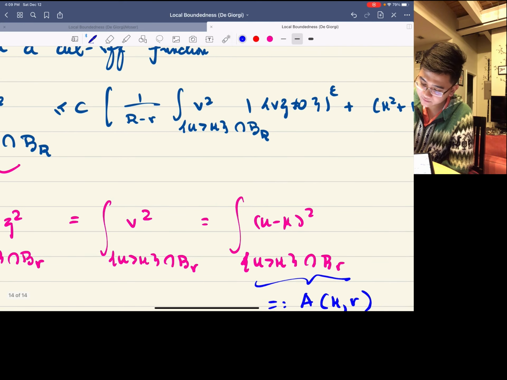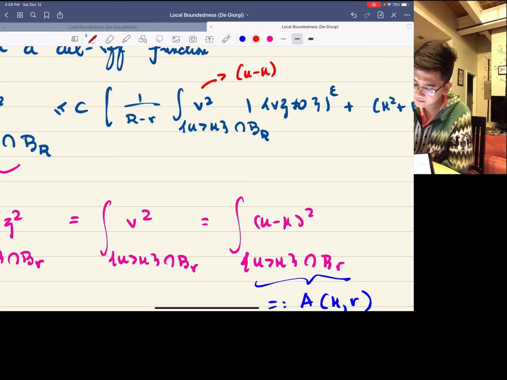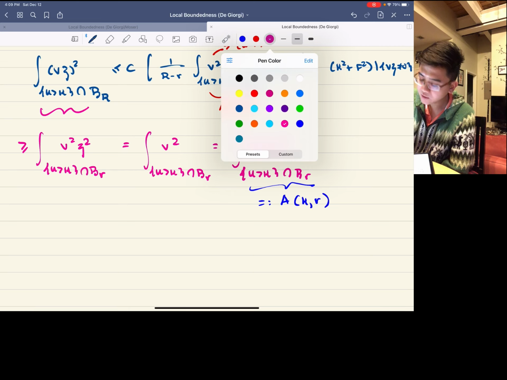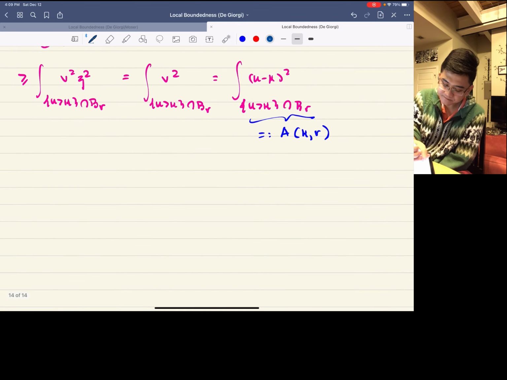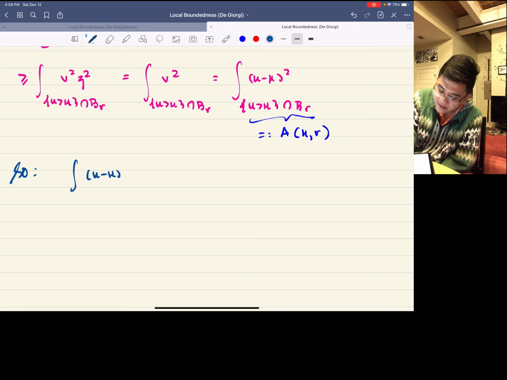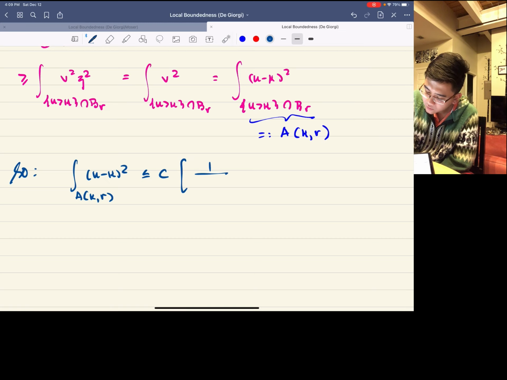So again, v is just u minus k in this set. This is just A(k, R). So with that notation, we have the integral of (u minus k) squared over A(k, r) is less than or equal to some constant times 1 over (R minus r), I think this is squared.